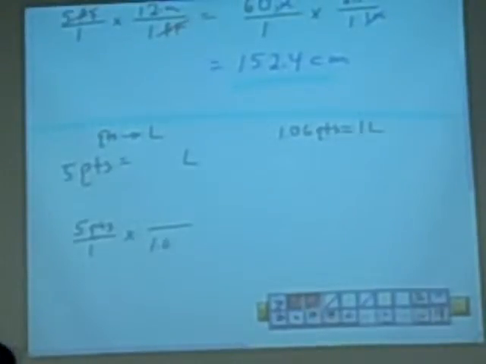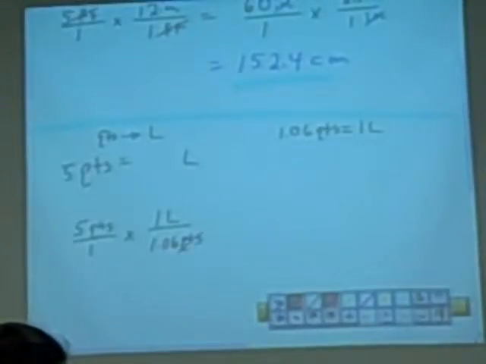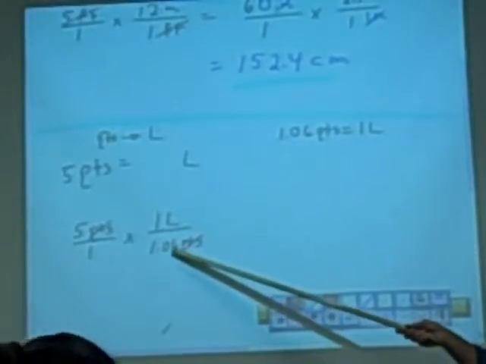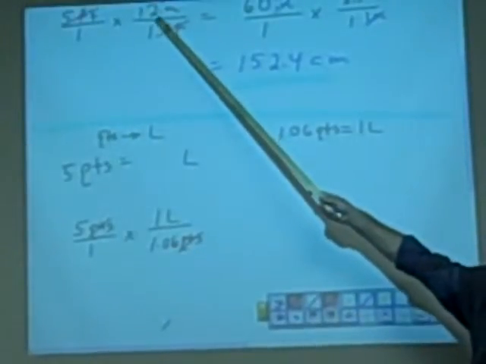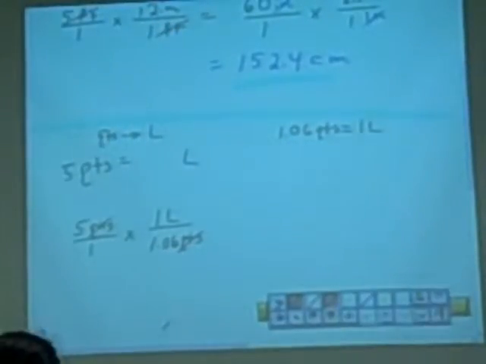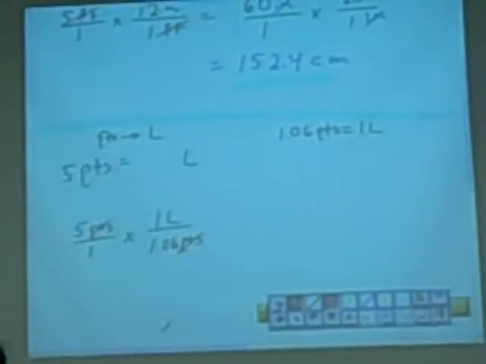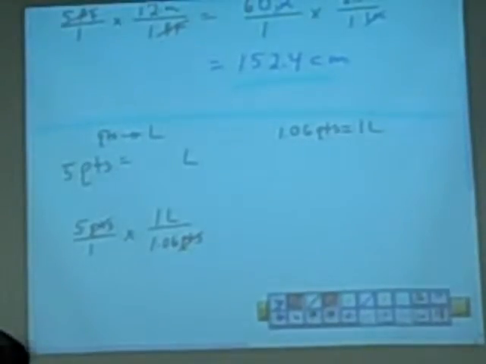So this would be 1.06 quarts on the denominator, 1 liter in the numerator. Alright, quarts cancel out. And now we're going to multiply or divide here. Good, we're going to divide. Anytime your number's in the denominator, you divide. Anytime your number appears in the numerator, you're going to multiply. That's always.